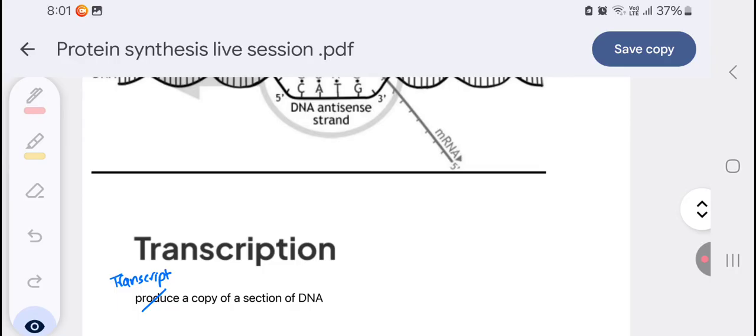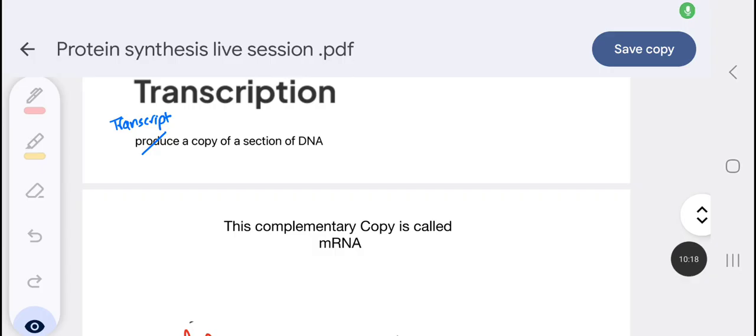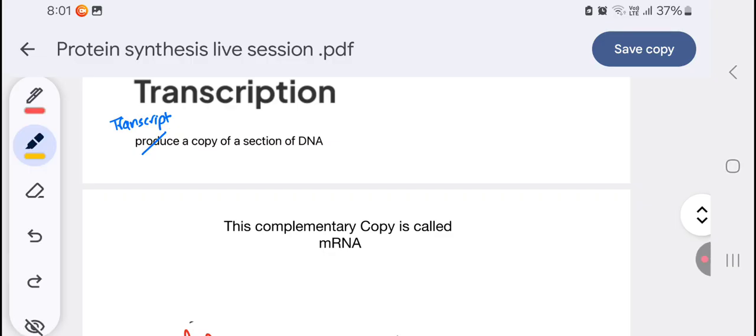We produce a complementary copy of this specific gene. This complementary copy is called messenger RNA.